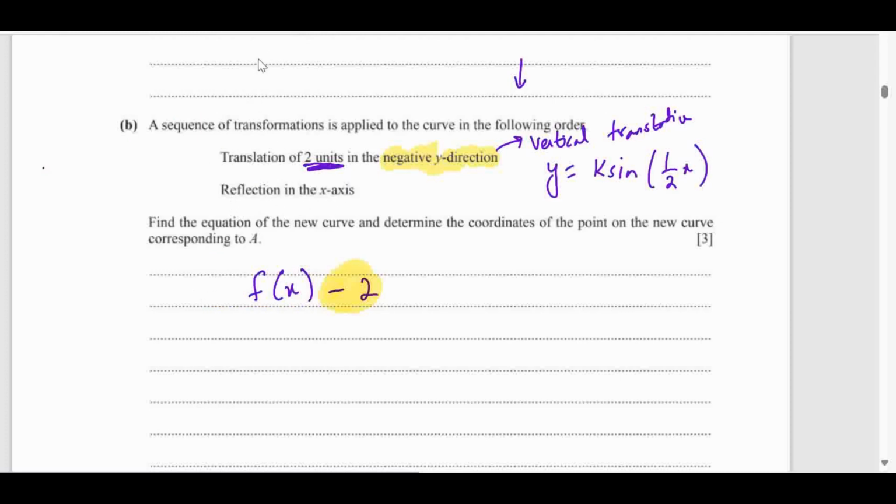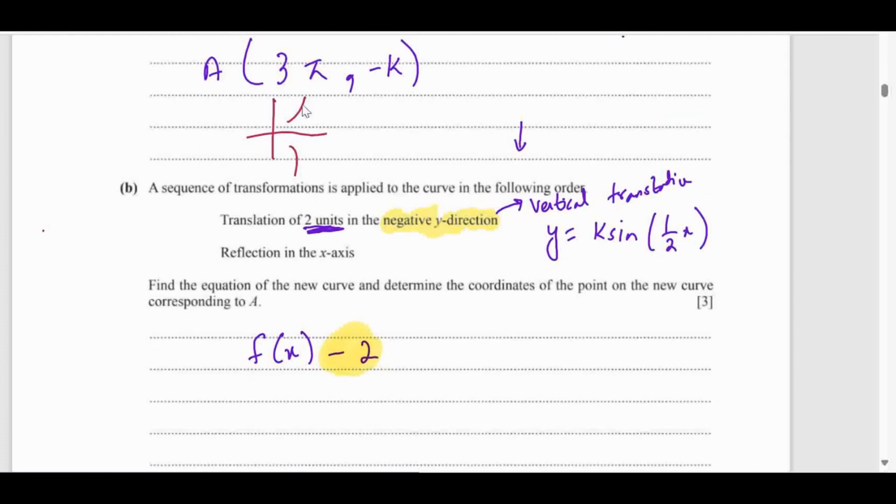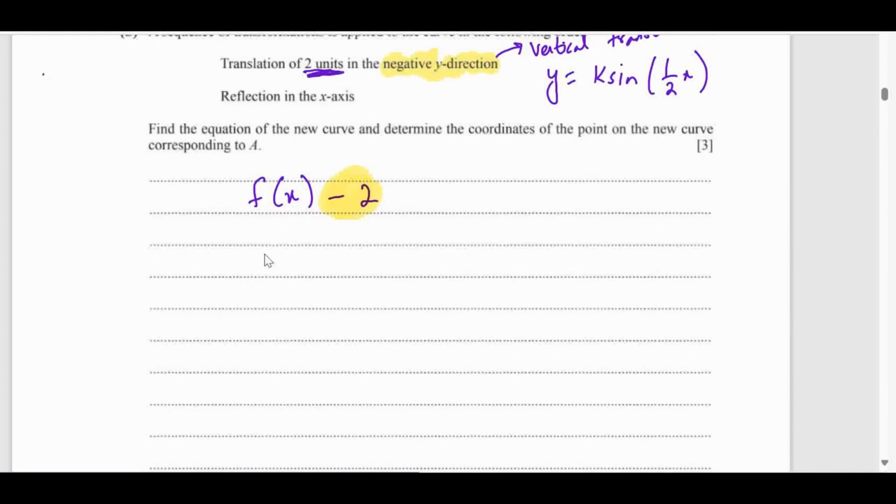Now reflection in the x-axis will be a vertical reflection. So vertical reflection means that we need to multiply a negative sign with this whole thing. Let me separate this one.